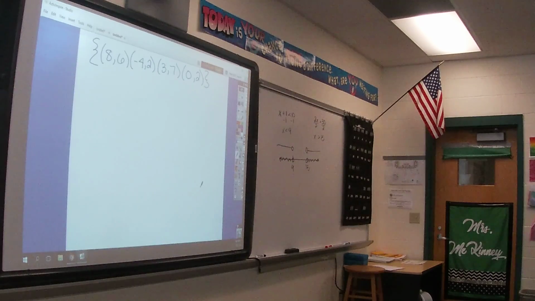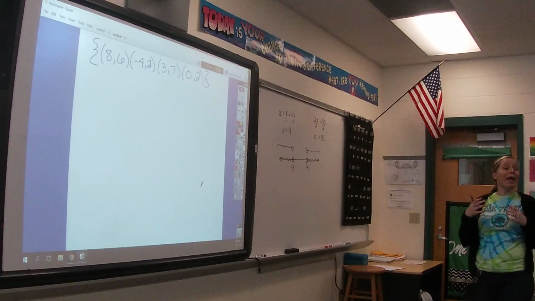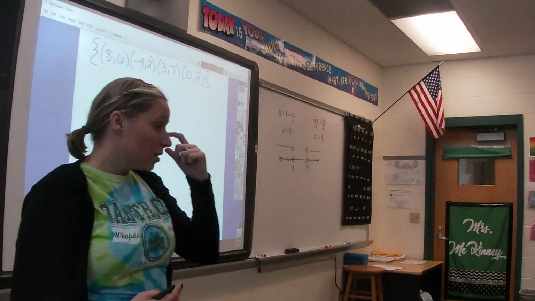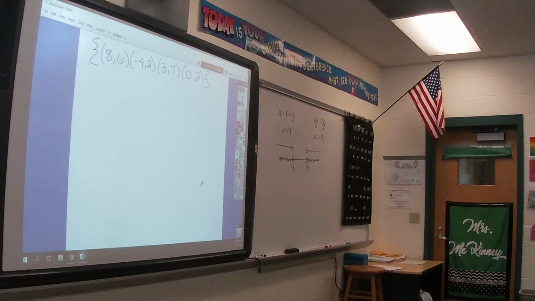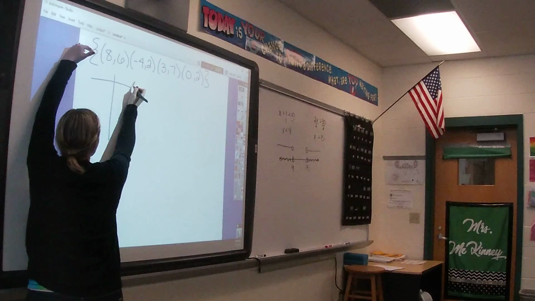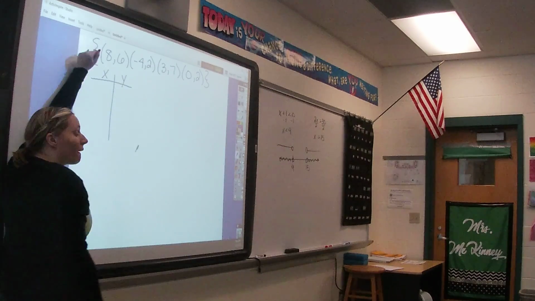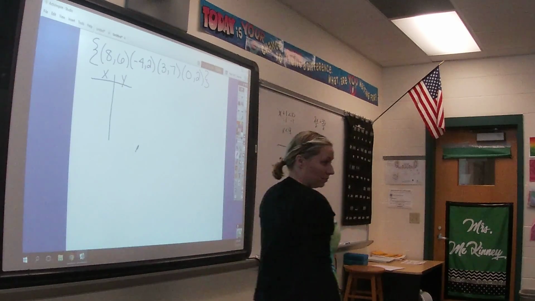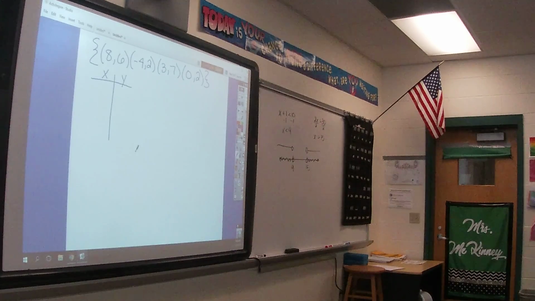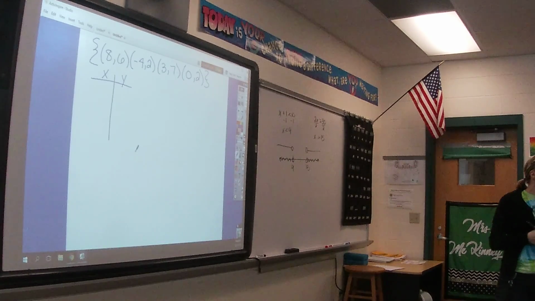We can then take that info and turn it into any of the other representations that we were talking about. So the next option that we said we could use was a table. So I can take this data and turn it into a table. I can do that by literally just taking each ordered pair and vertically stacking them up.